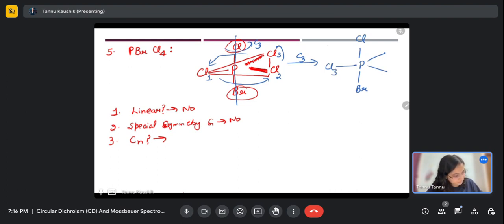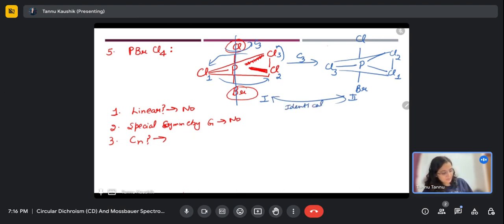So here we will get a configuration like this. So these two configurations are identical. Okay, so we have a C3 axis of rotation in the molecule.